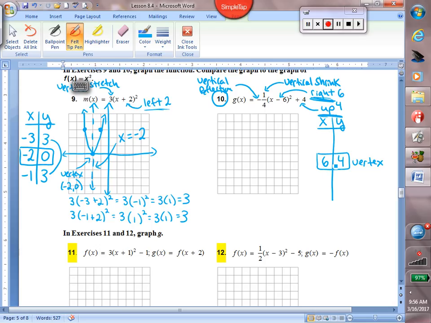Now I want to pick some numbers close to 6. 5 would be a good choice, and so would 7. If you pick these numbers that are just 1 away from your vertex, all you have to do is the computation to find one of them, and you know the other. So let's substitute 5 in for x. In this one, the computation is going to be a little bit longer.